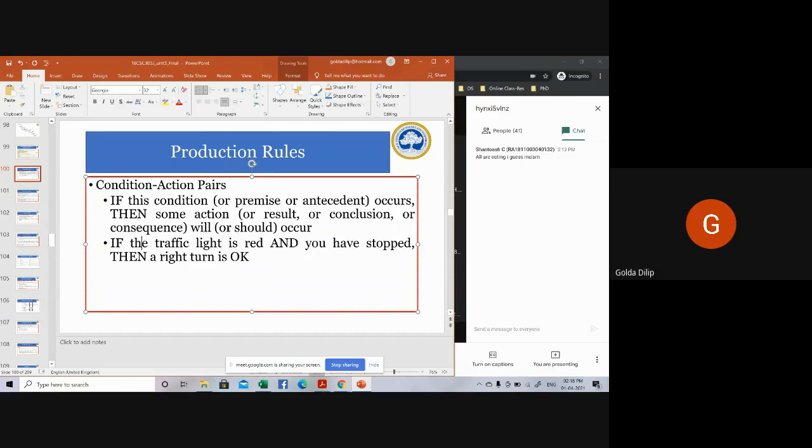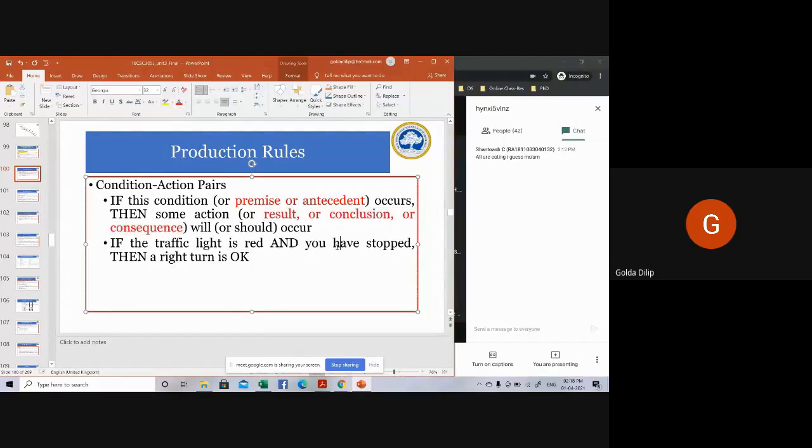You can also call it premise; some other terminology is coming up here. Condition is also called premises or antecedent. Then the action is also called result, conclusion, or consequence.